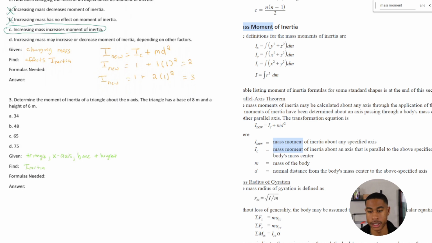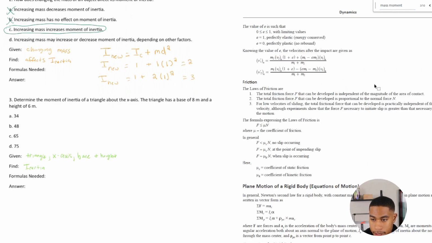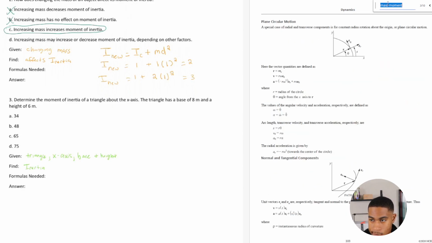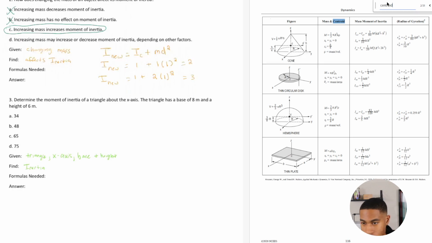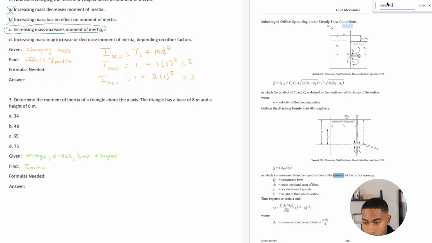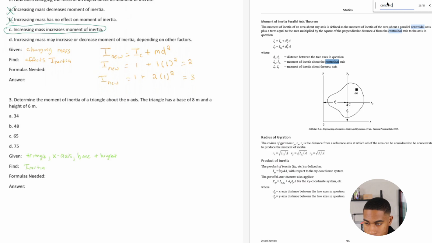All right, so how do we go about this? So first thing I'm thinking is we need to go back to that chart. Anytime I want to find inertia, centroids, all that, I normally go to the chart with all the shapes that are in 2D if that's what I'm doing.